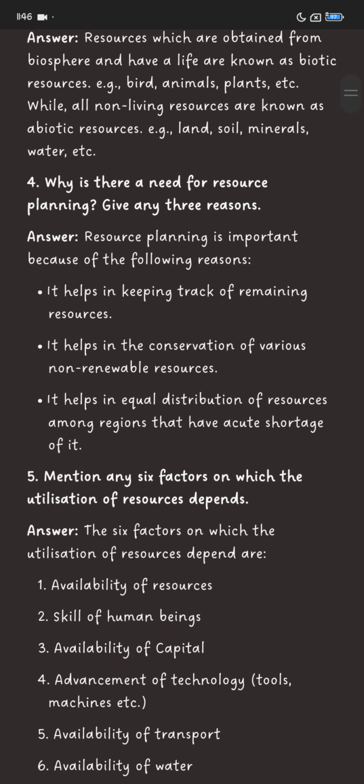Why is there a need for resource planning? Give any 3 reasons. Resource planning is important because of the following reasons. It helps in keeping track of remaining resources. It helps in the conservation of various non-renewable resources. It helps in equal distribution of resources among regions that have acute shortage of it.